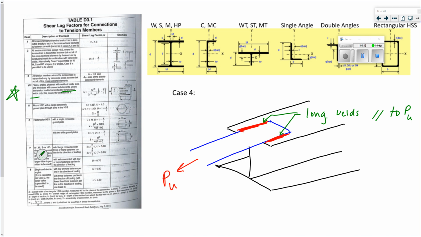And then it says, it also gives an example of if you have two different length welds.